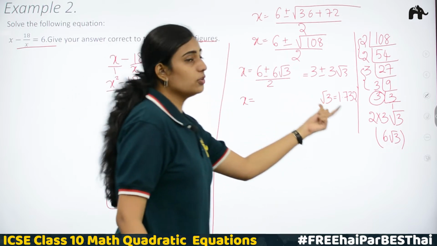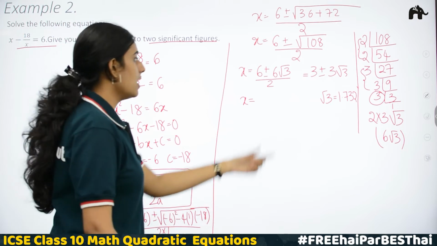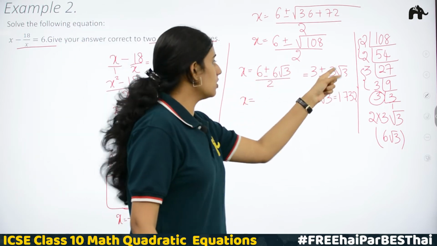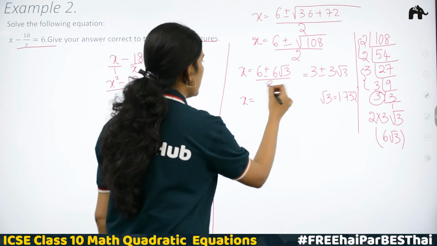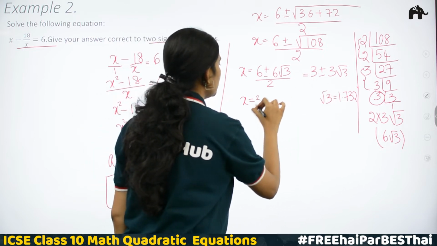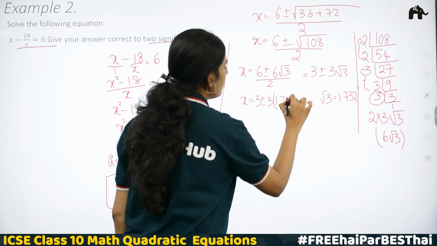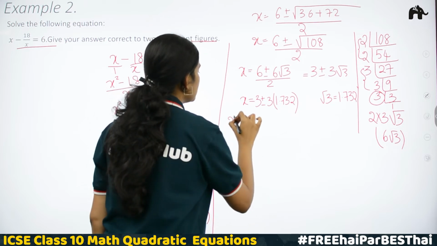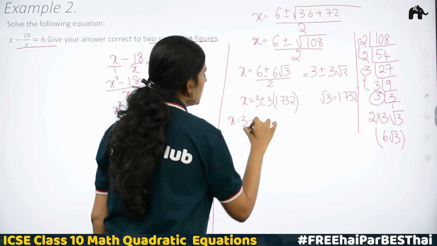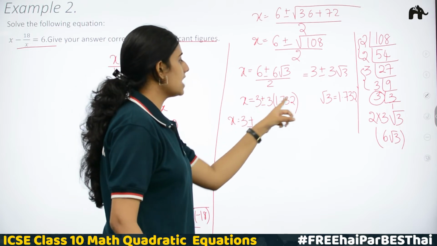Here, we should use this because our answer should be in terms of significant figures. We cannot keep it as it is because we have a root here. Let's substitute this. x is equal to 3 plus or minus 3 into 1.732.